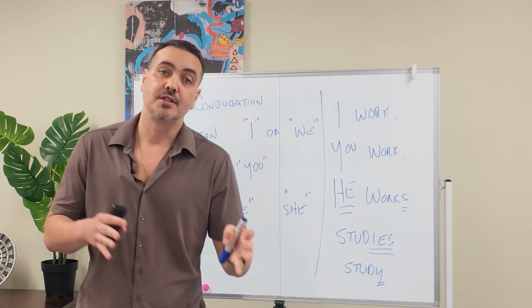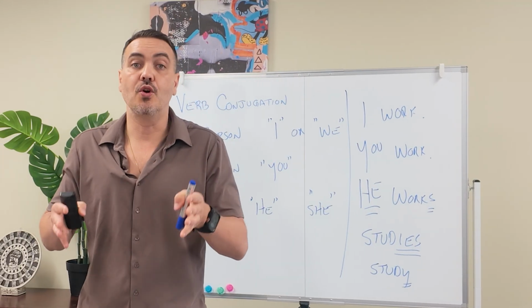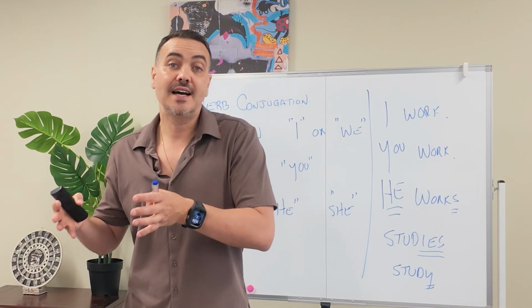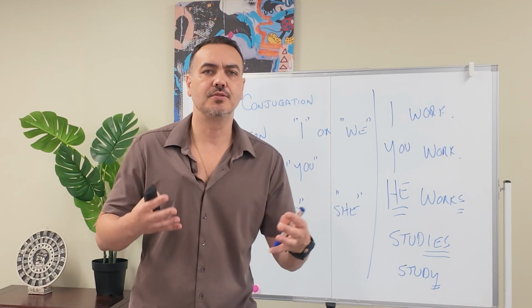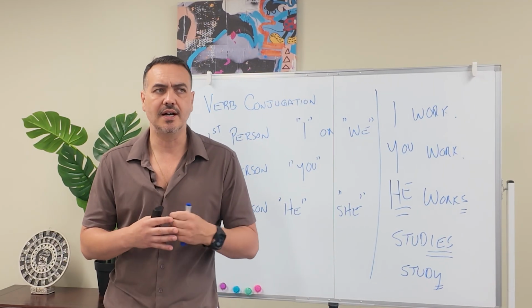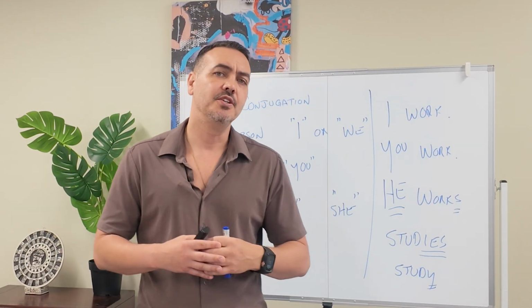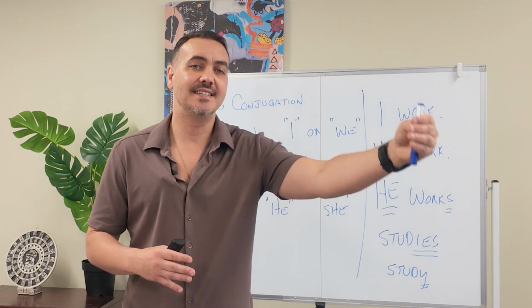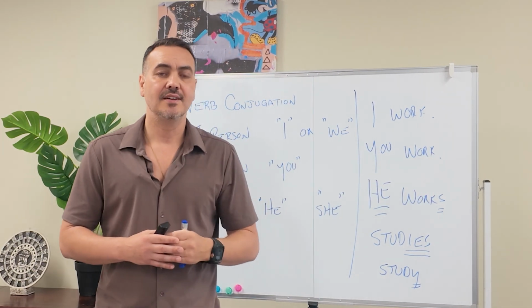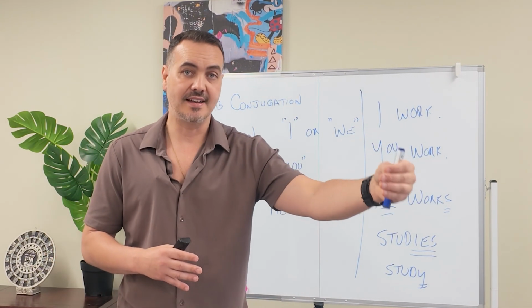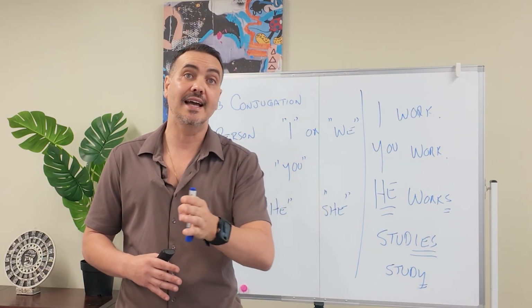Go becomes goes, G-O-E-S. Do becomes does. That can be a hard one. I see that one a lot. He do that is incorrect. You would say he does that. Okay? She does that. D-O-E-S.